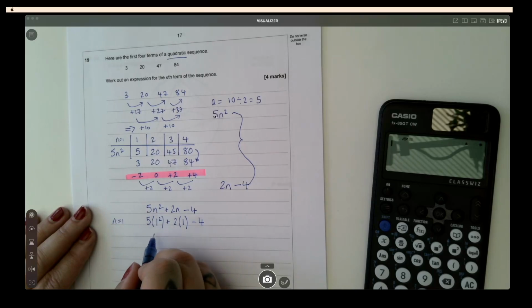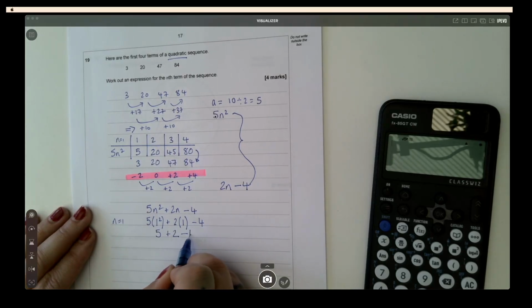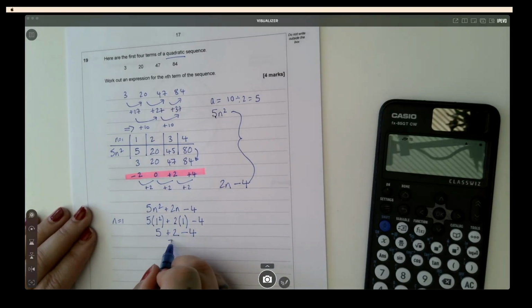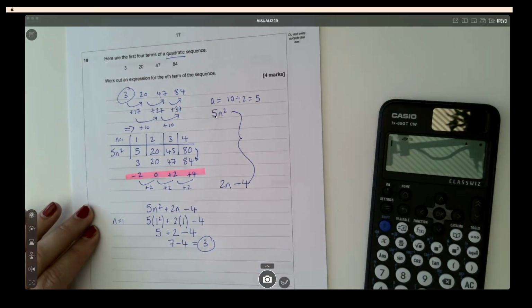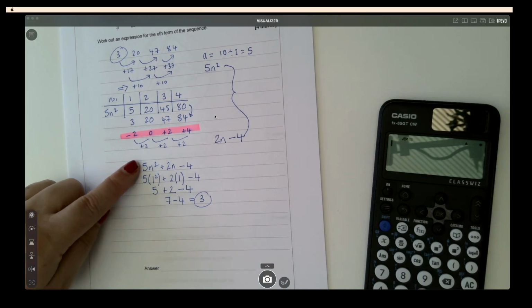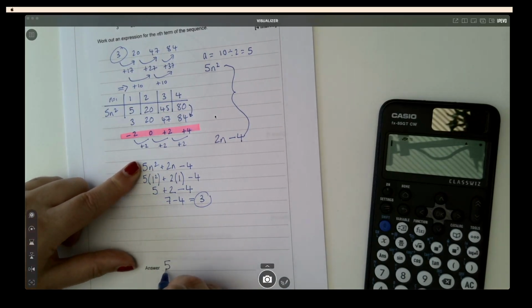So 1 squared is 1, times by 5 is 5. 2 times 1, subtract 4. Okay, 5 plus 2 is 7, subtract 4 is 3, which matches the first term in our sequence. So we can confidently write this nth term rule on our answer line.